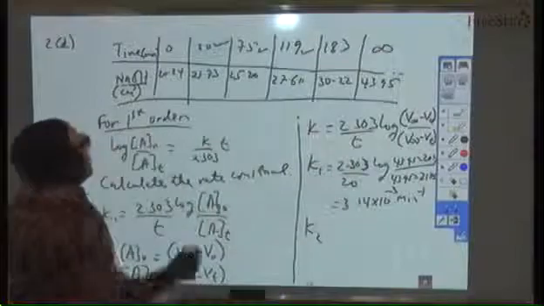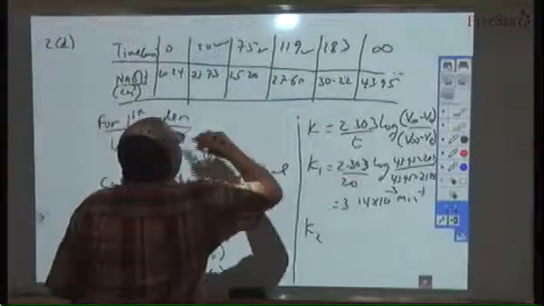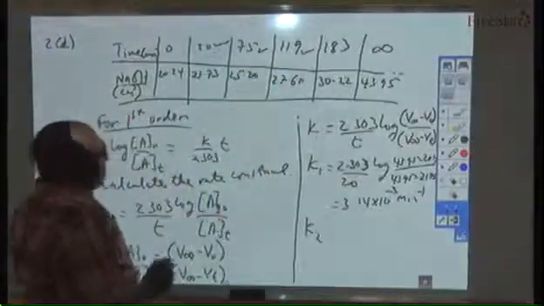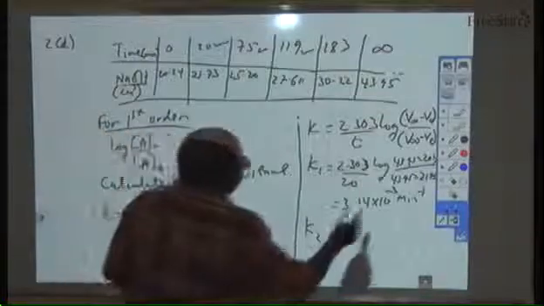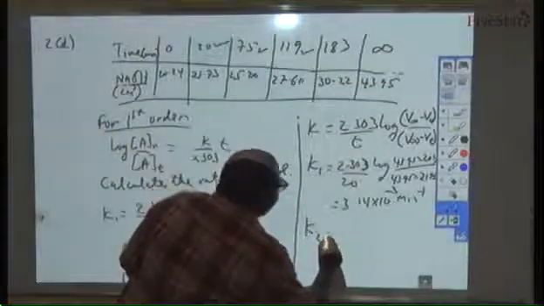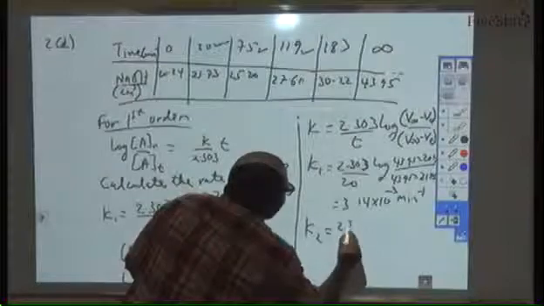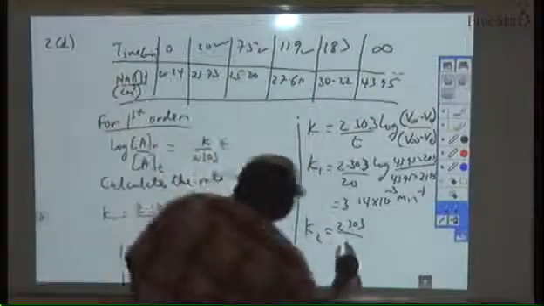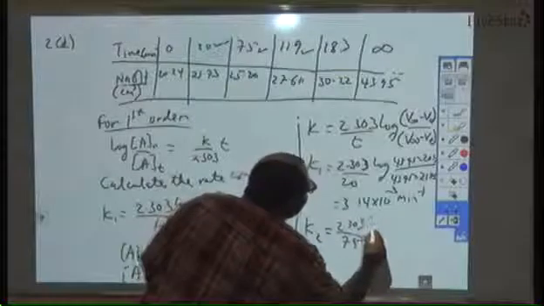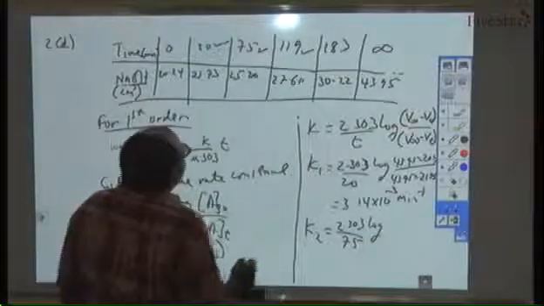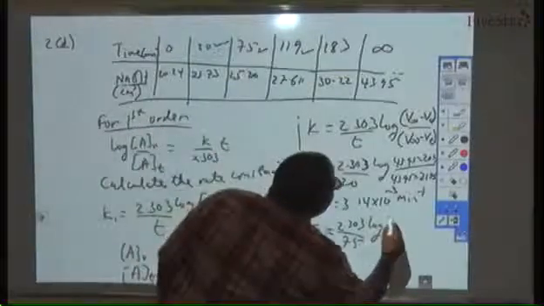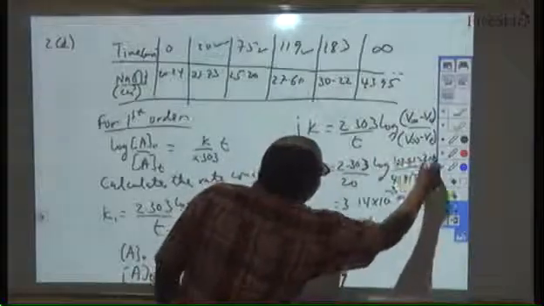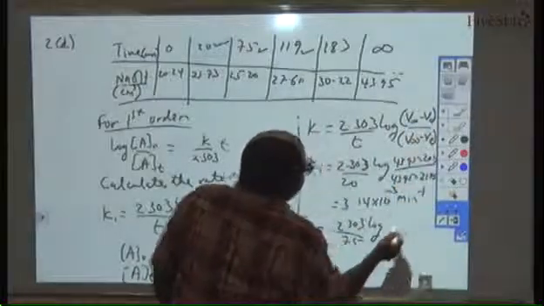You do the same for K2. In this case, at this time, the time is 75. This one is constant throughout.